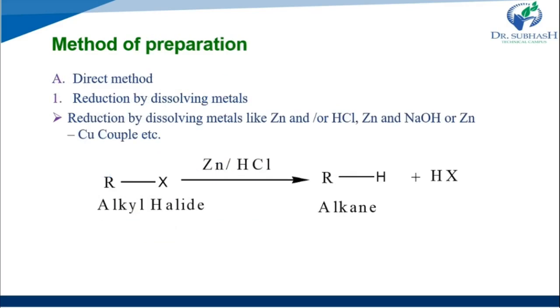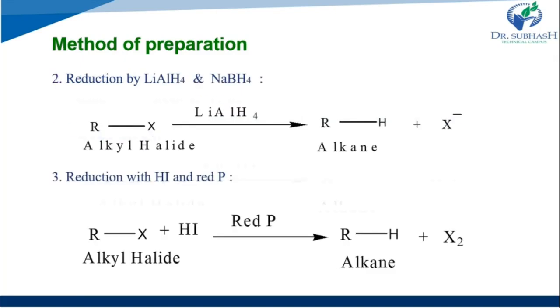In this direct method, the first method is reduction by dissolving metals, like zinc with HCl, NaOH, and zinc and Cu, where Cu means copper. So alkyl halide reacts with Zn and HCl, making an alkane, and a hydrogen halide is removed. Then the second reaction is reduction by lithium aluminum hydride and sodium borohydride.